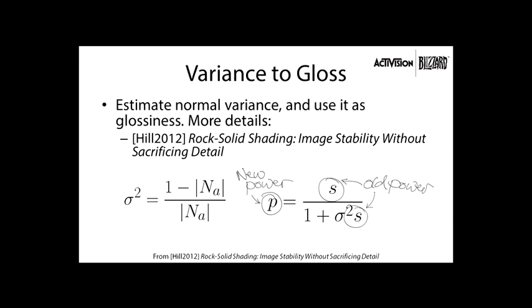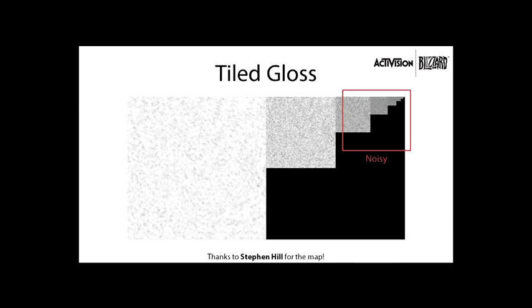Then we can convert this normal map into a gloss map by estimating normal variance, and we obtain this result. What we get with this is physically plausible glossiness instead of relying on painted maps, which sometimes have no real meaning from a physically based rendering standpoint.